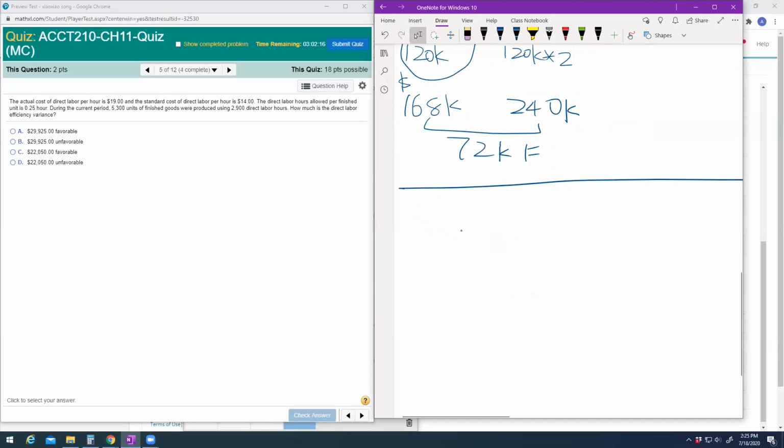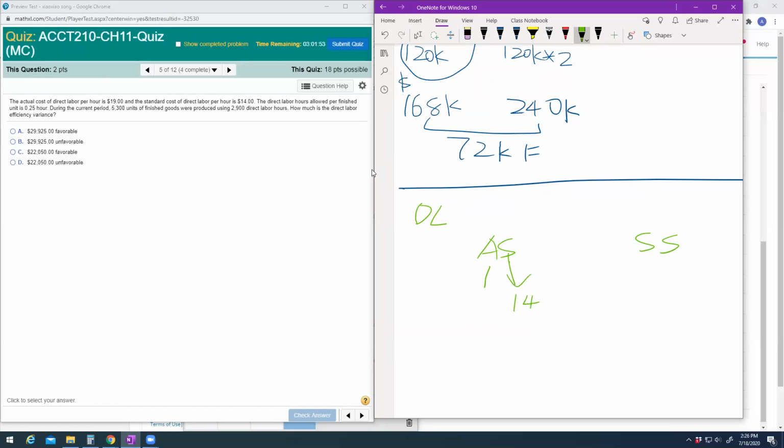Asking about how much is the direct labor efficiency variance. Direct labor efficiency, so actual and standard. The actual cost of direct labor per hour is given, but we don't need that one, right? We use the standard, and the standard cost of direct labor is 14.